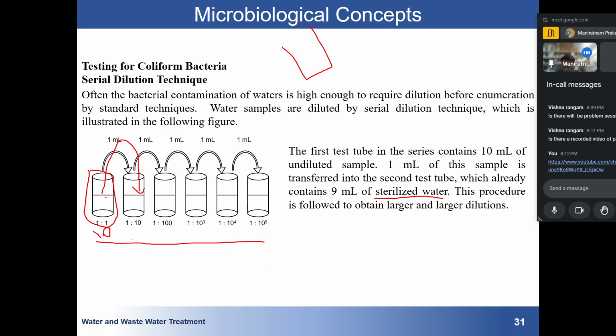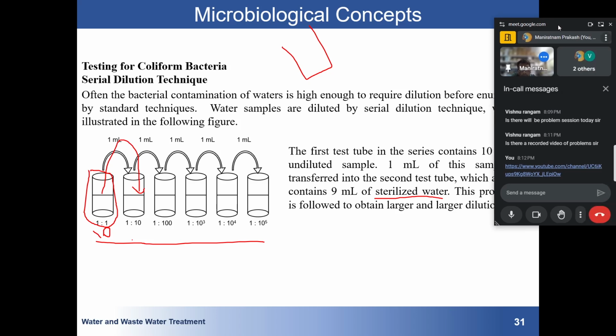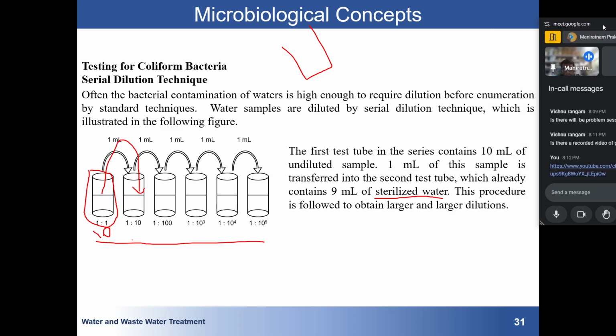Suppose we have taken water from here, so there are high chances that the pathogens which were present are not collected.